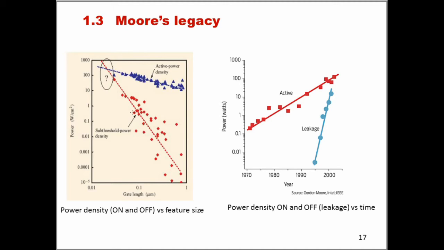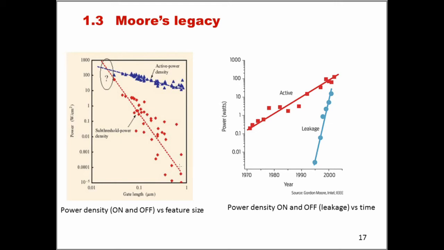And this is done by operating on the gate. So when it is on, the transistor will consume a certain active power, which on this plot on the left is represented by these blue dots.